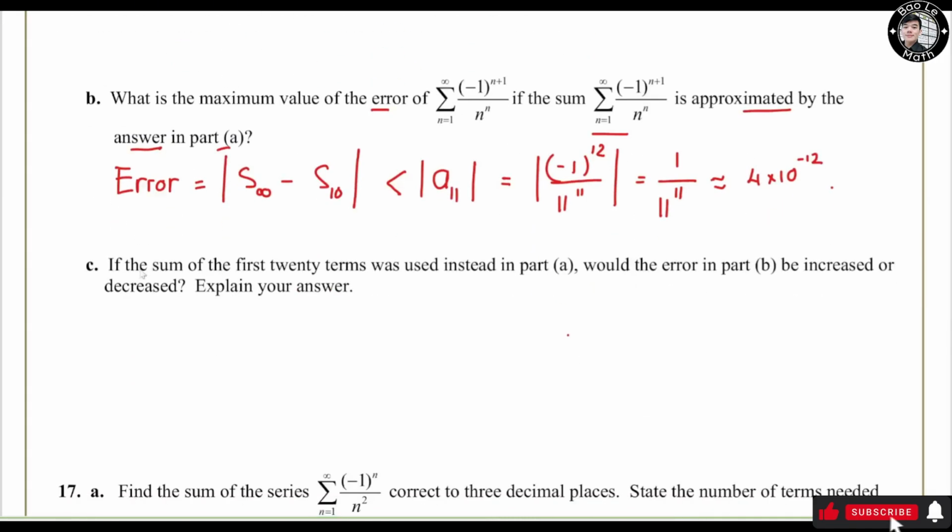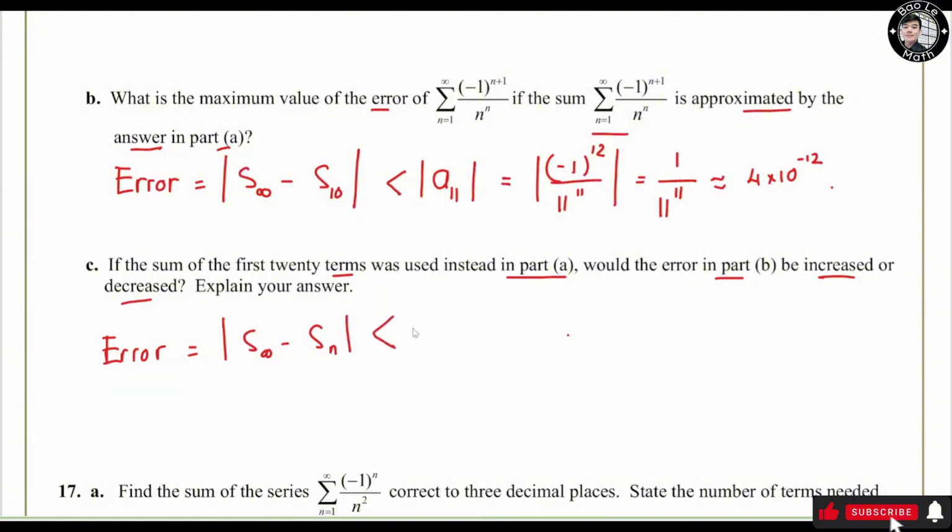Now question C. If the sum of the first 20 terms was used instead in part A, would the error in part B increase or decrease? Alright, so we do exactly the same thing. Error equals the absolute value of s sub infinity minus the partial sum.